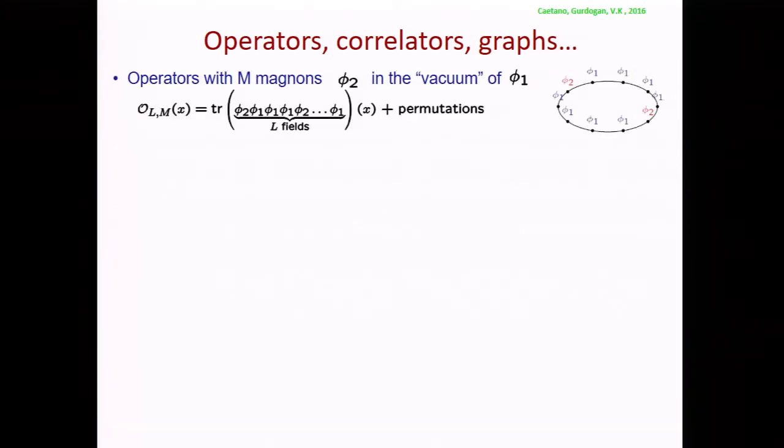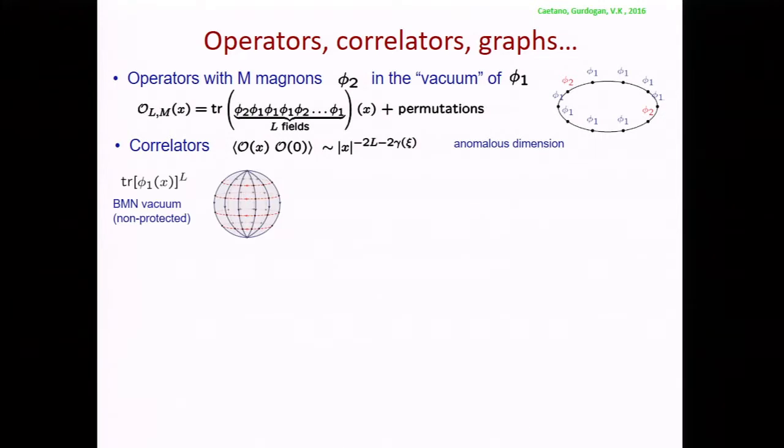Okay, now I have 5 minutes. I wanted to also present to you some results of computation of correlation functions and anomalous dimensions of operators of this form, say single trace operators, which consist of phi 1, phi 2, two scalars, which form sort of a spin chain, and correlators render to you anomalous dimensions.